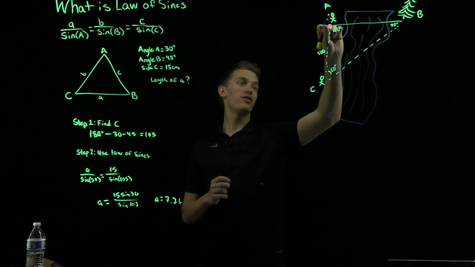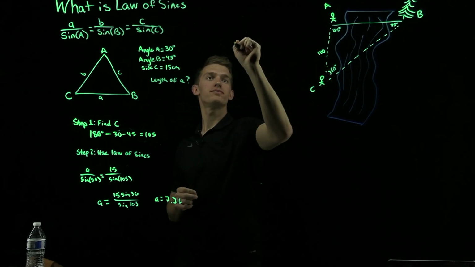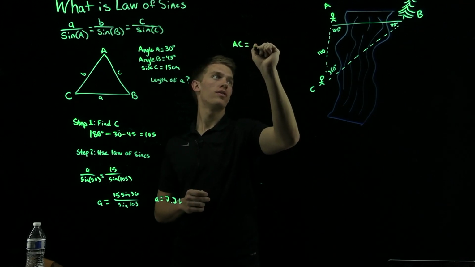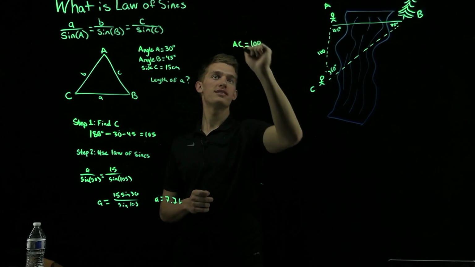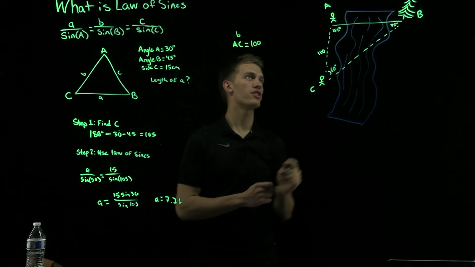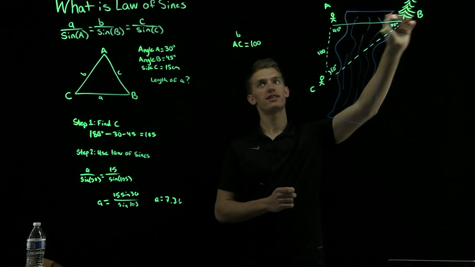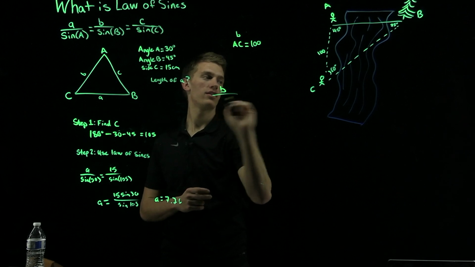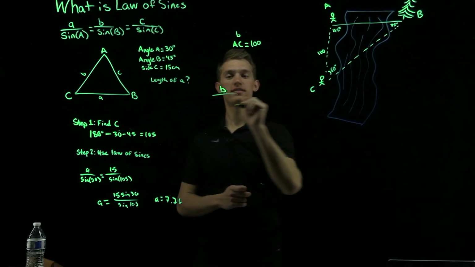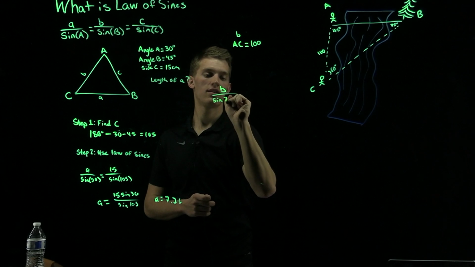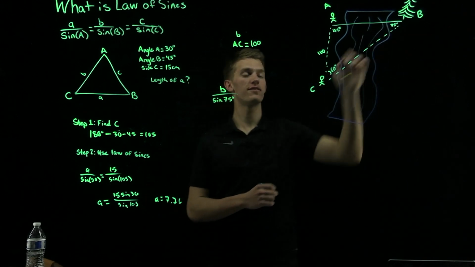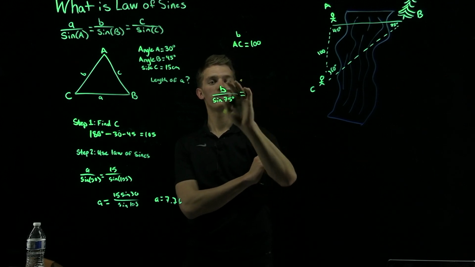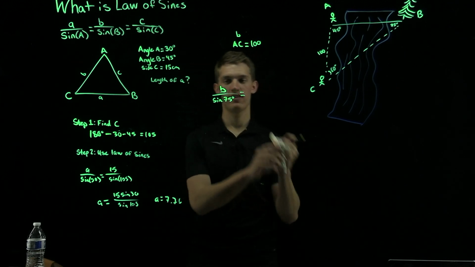your side. You know AC is 100. Or in other words, this is B. And you're trying to find AB, which is the length of C. So you have B over its sine, right here, that's 75, equals, which B is 100, which we know.